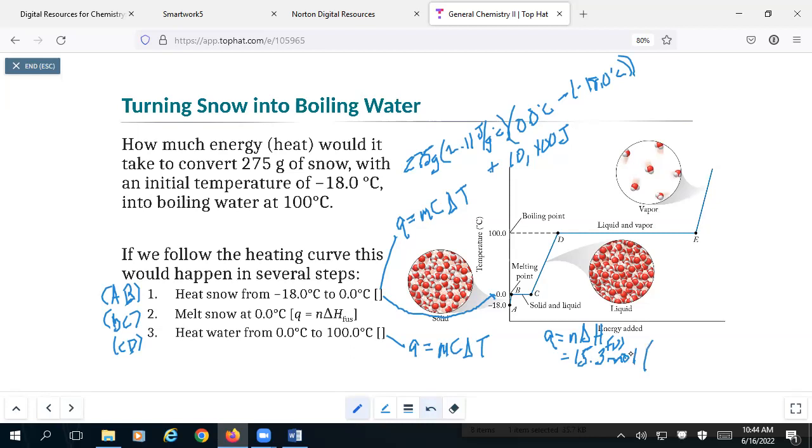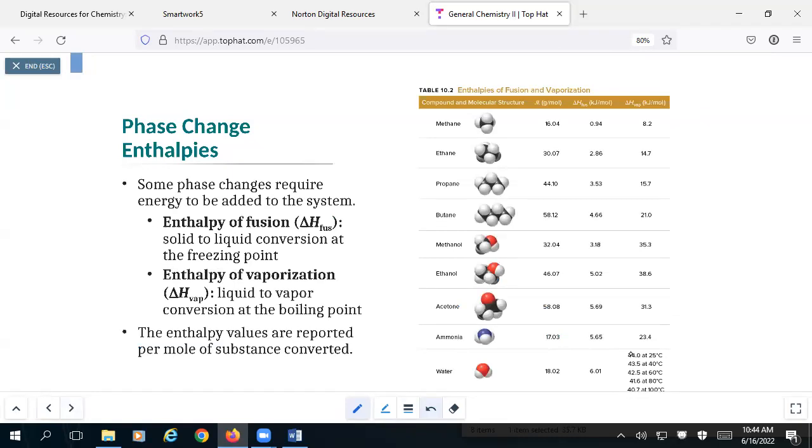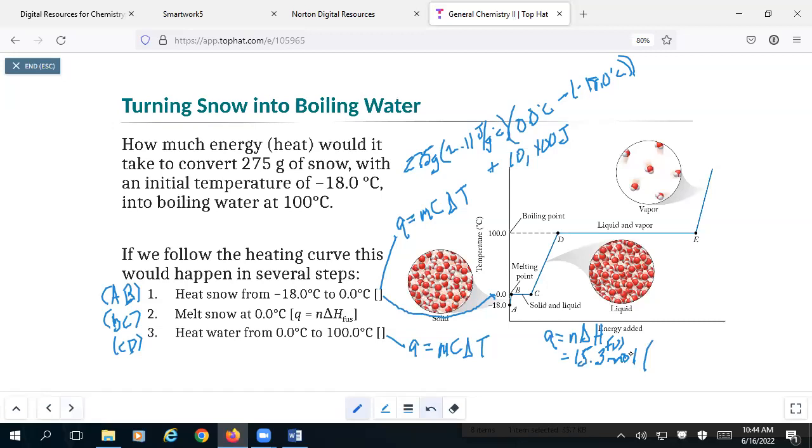Heat of fusion, I'll have to go back a couple of slides, is 6.01 kilojoules per mole. So 15.3 times 6.01 would be 92.0 kilojoules.